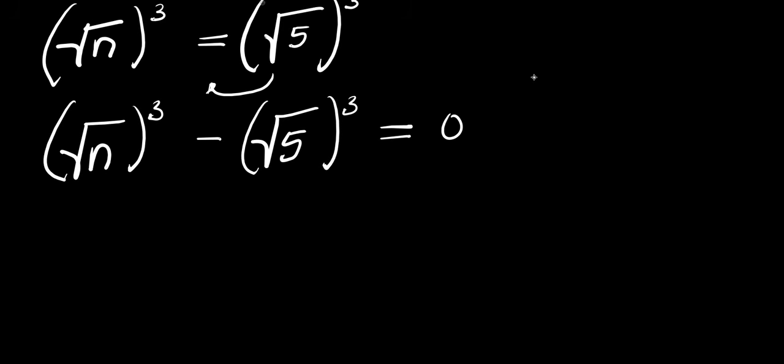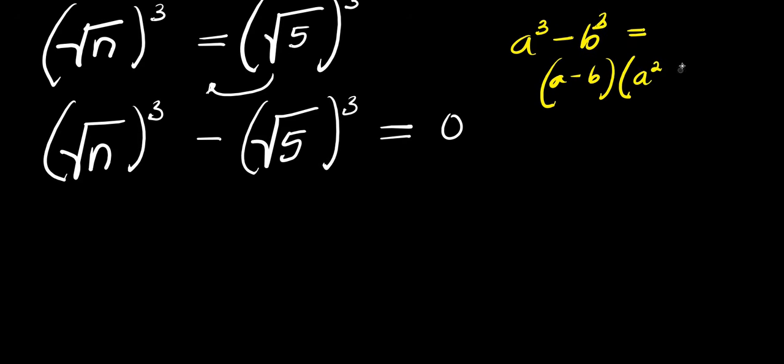Now, if you have a power 3 minus b power 3, this equals a minus b times a squared plus ab plus b squared. So this is my a and this is my b.